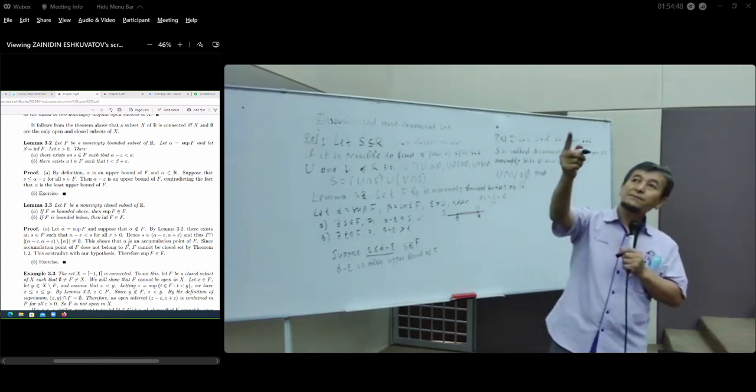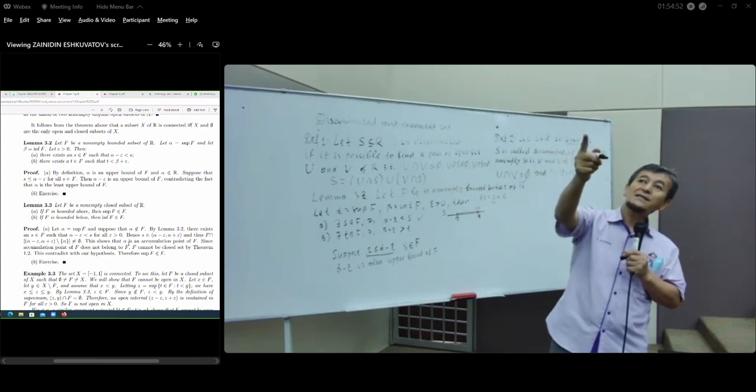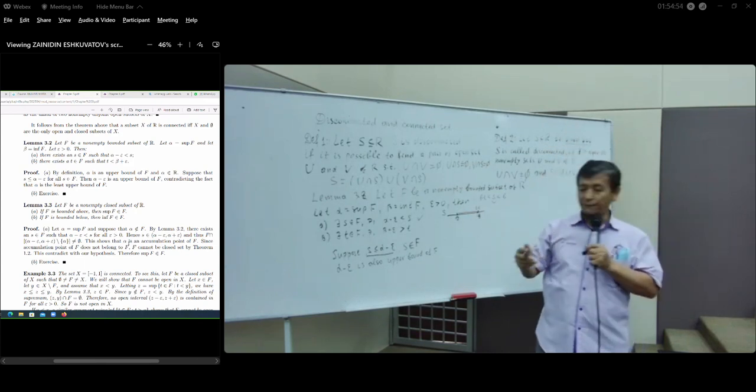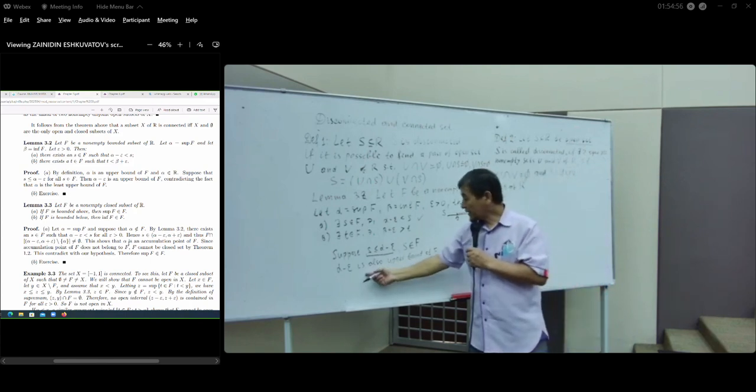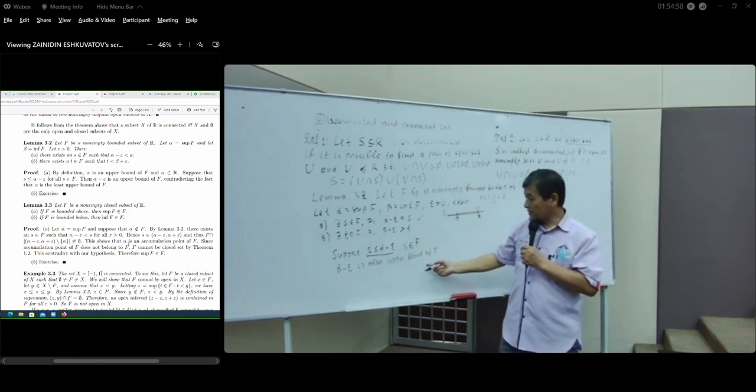Next, this contradicts the fact that alpha is the least upper bound of F. Now, how can I confirm that statement?